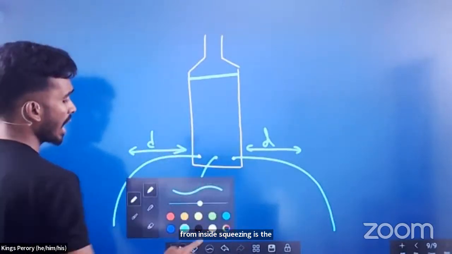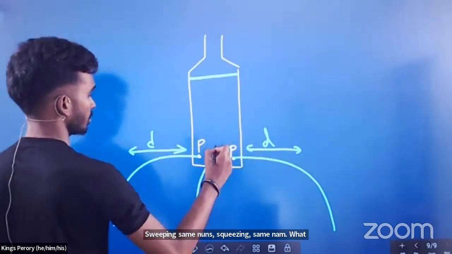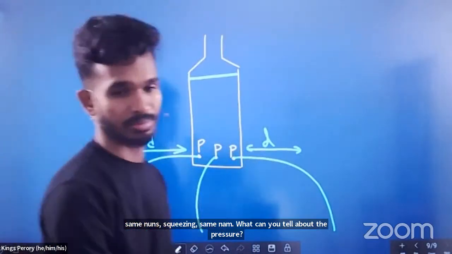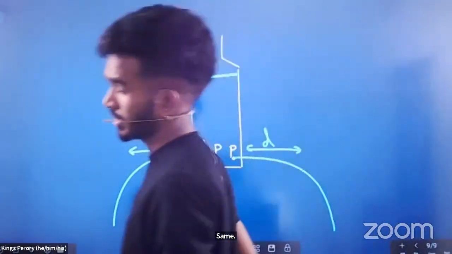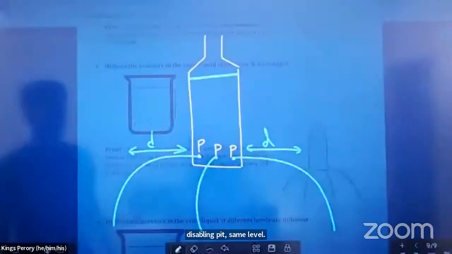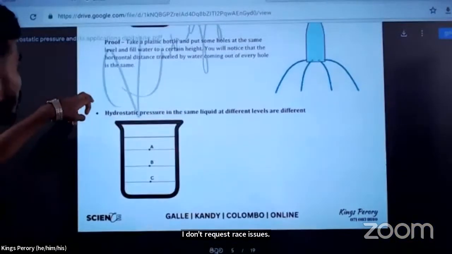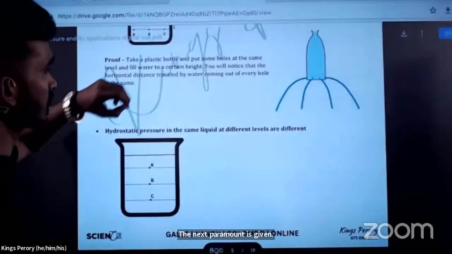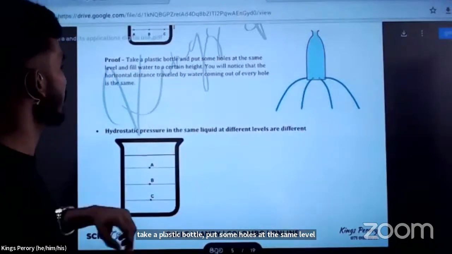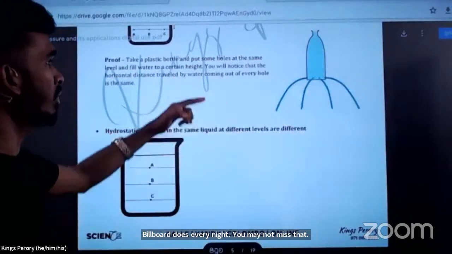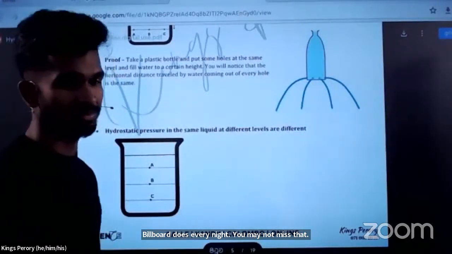What can you tell about the pressure? Pressure is the same: same liquid, same level. Proof: take a plastic bottle, put some holes at the same level, fill water to a certain height. You will notice that the horizontal distance traveled by the water coming out of every hole is the same. The picture is there.